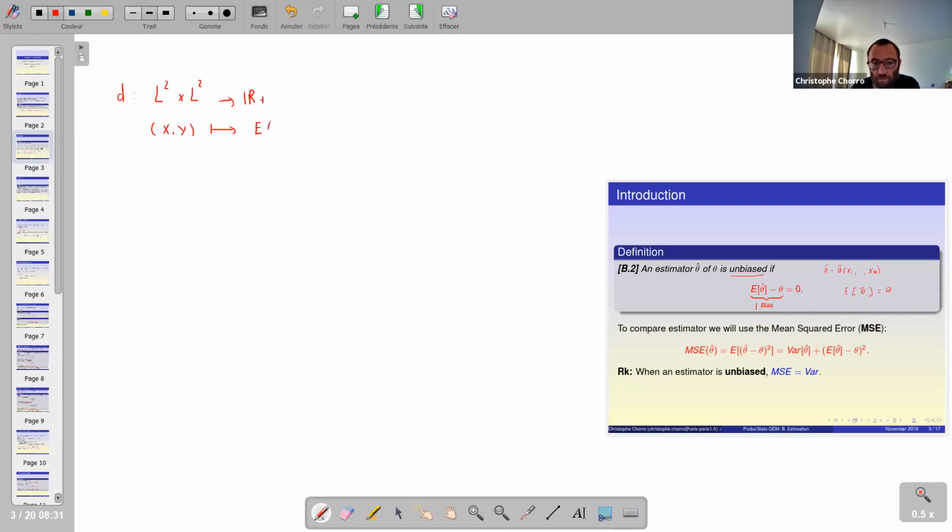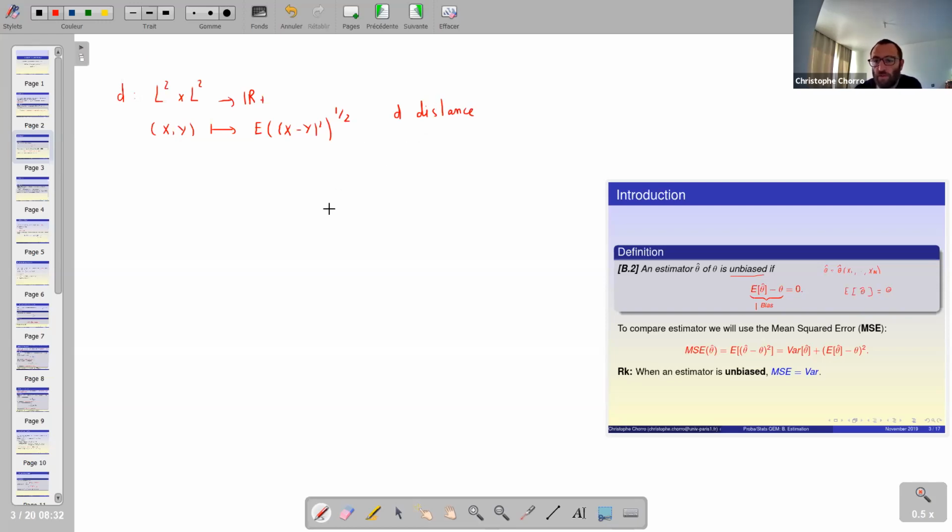The expectation of the square of the difference to the power 1/2 in order to obtain a distance. Okay, this is a distance. I have proved it. It was a consequence of the Cauchy-Schwarz inequality.